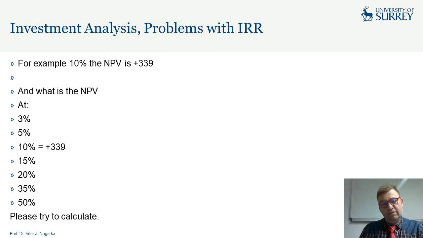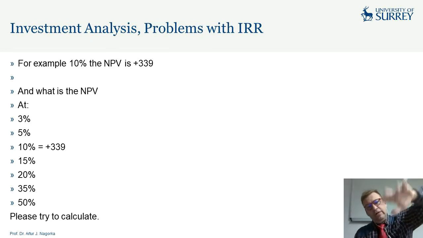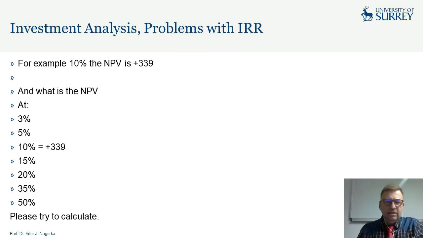They will be positive, and then they will go in some kind of a curve. So you will see that they will never be zero. And if NPV is never zero, then there is no internal rate of return. It's a very, very difficult problem.